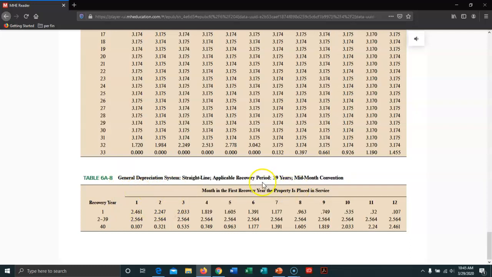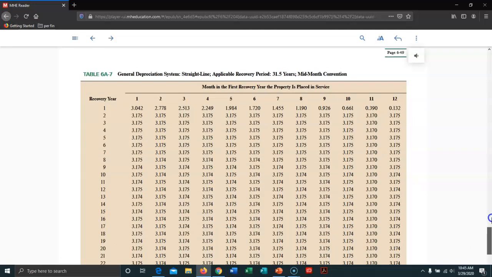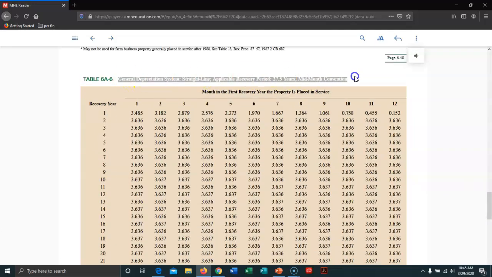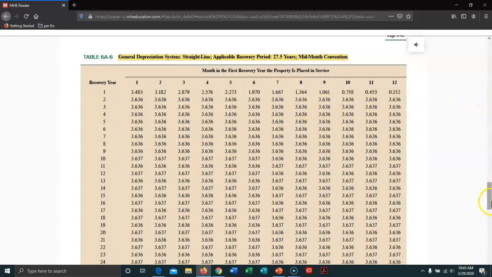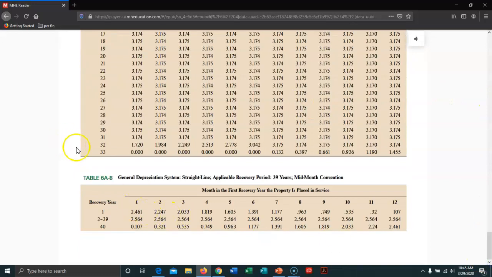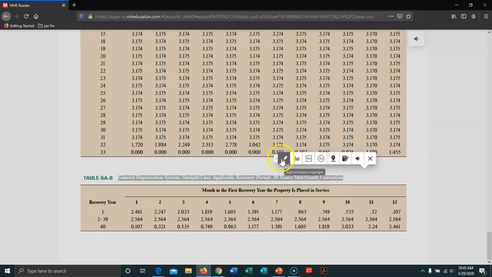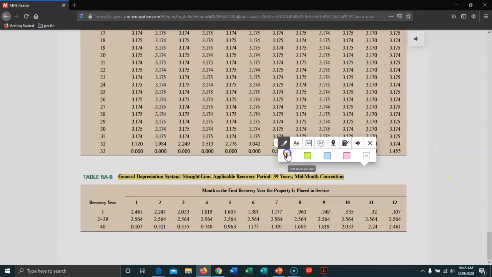And this is going to be applicable to non-residential real estate. That is going to be 39 years. We're going to use the mid-month convention. And of course, the other table, we're going to use this one down here, and both of those are going to get us where we need to be.